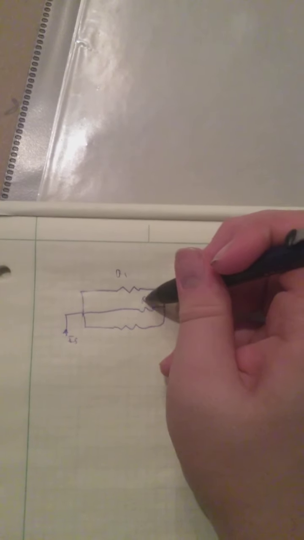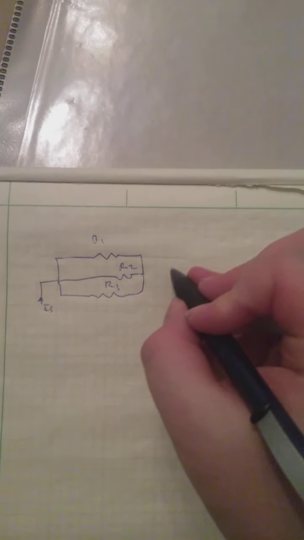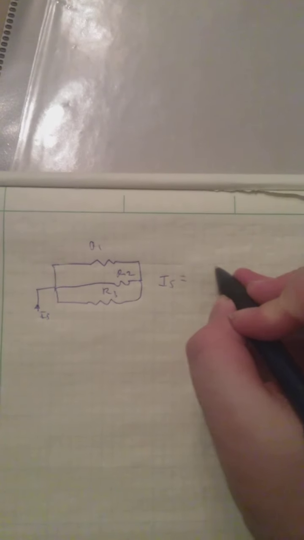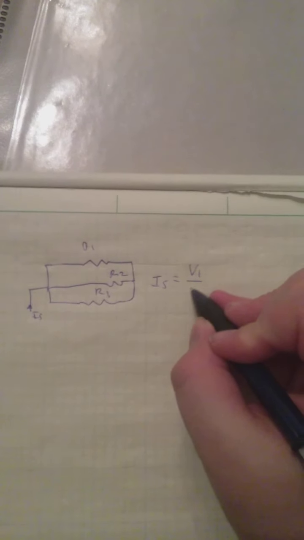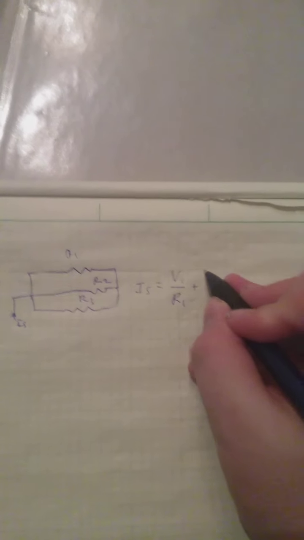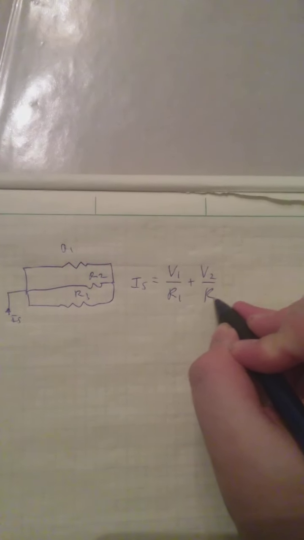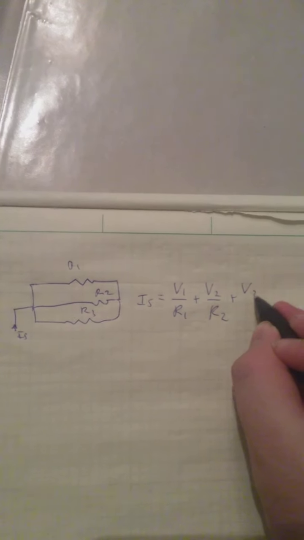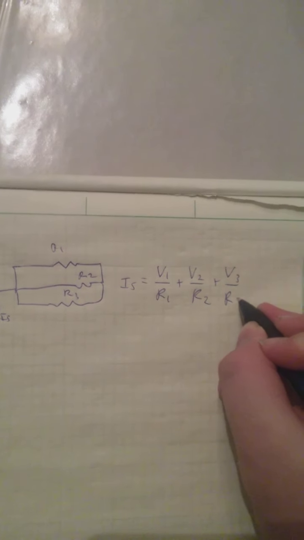Okay, so if you have, draw this here, R1, R2, R3, Is is equal to V1 over R1, V2 over R2, V3 over R3.